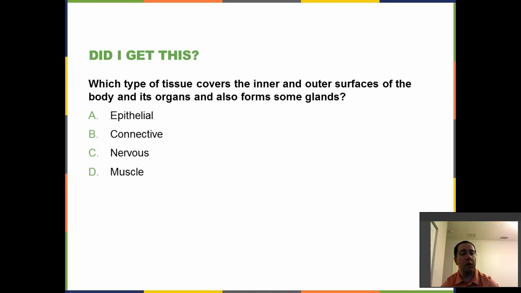So if we want to absorb something, are we going to have one layer or are we going to have multiple layers? Single. If we're going to absorb, we want something to easily be able to pass across. So we're only going to have a single layer. So it is going to be simple. Simple columnar. So intestine is simple columnar epithelium.